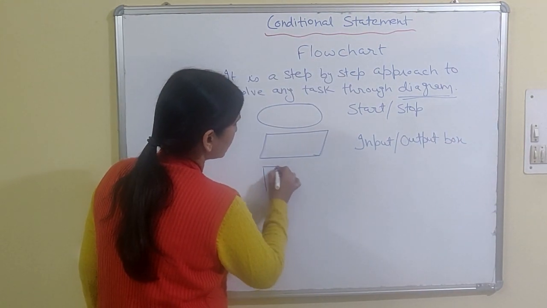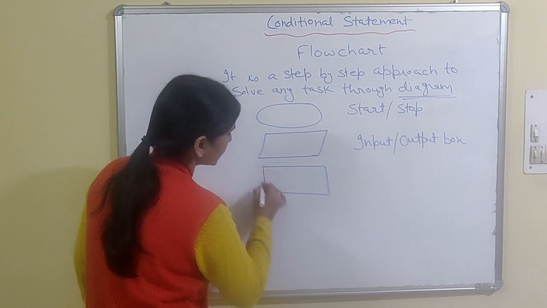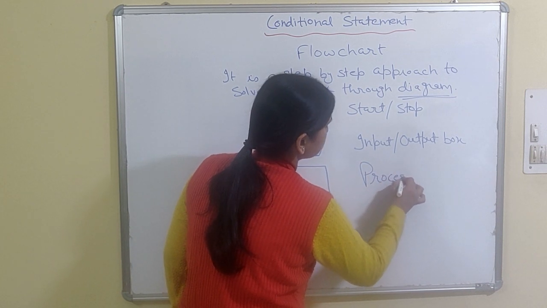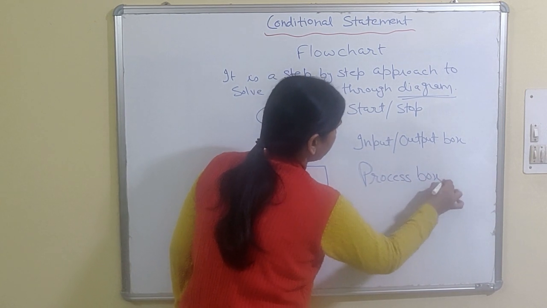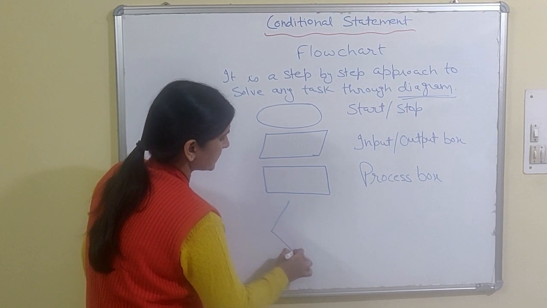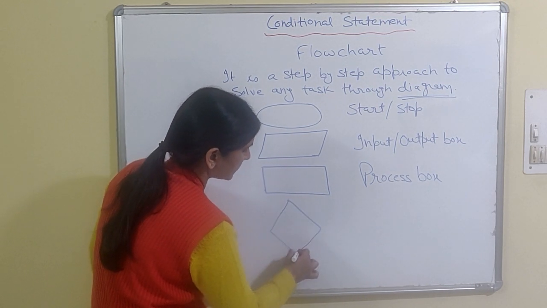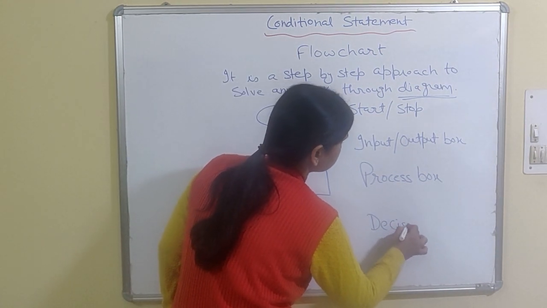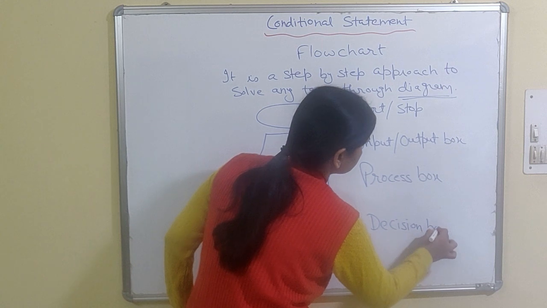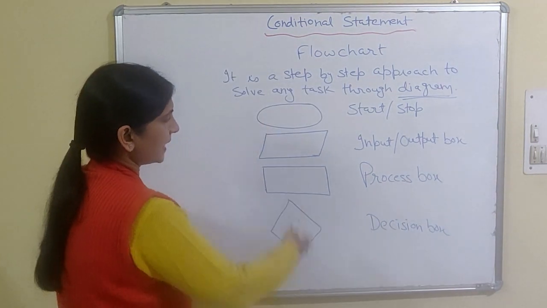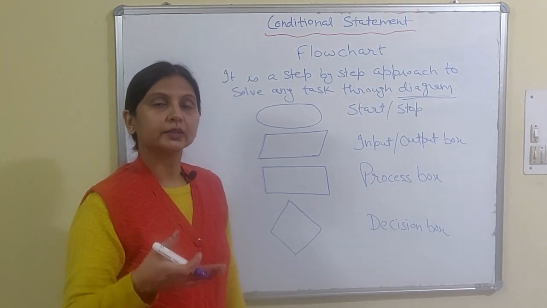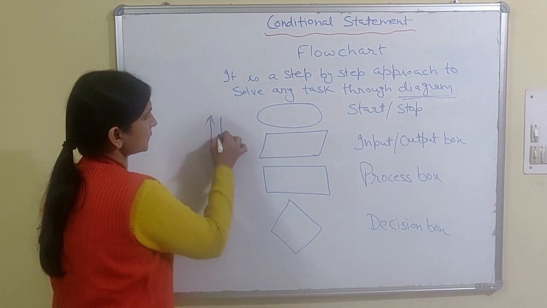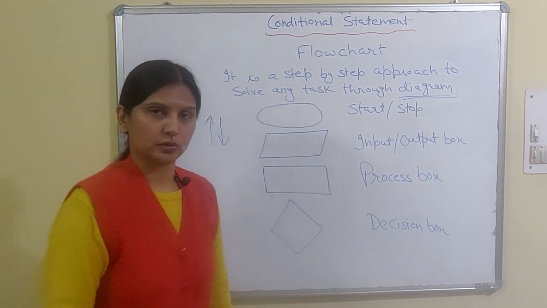Then a box of rectangular shape, and this is called process box. This is diamond shaped box, and this is called decision box. Right? And these boxes will be connected to each other through arrows. So in this flowchart, we will use arrows also.